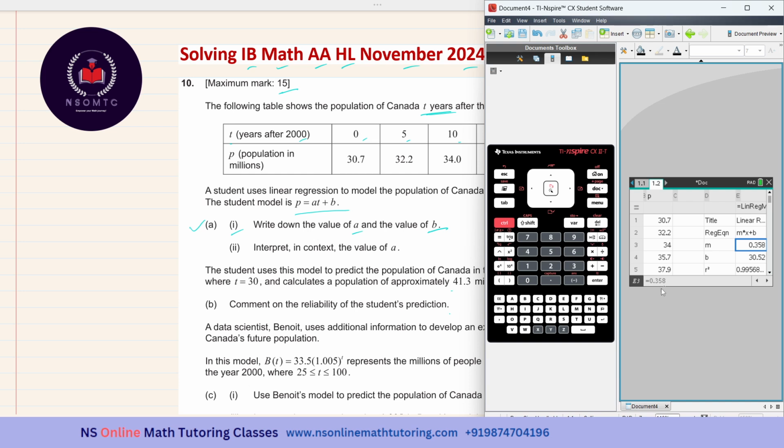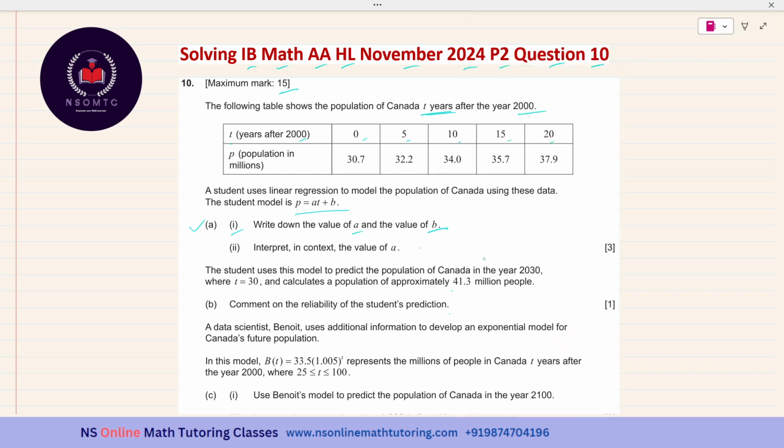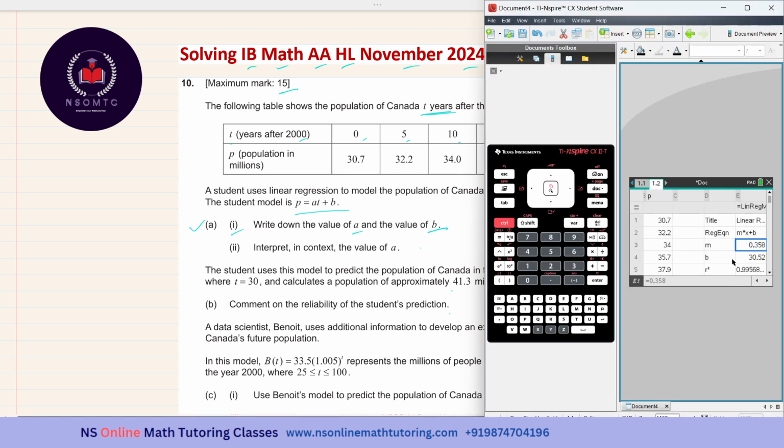So a is equal to 0.358, and b is equal to 30.52.